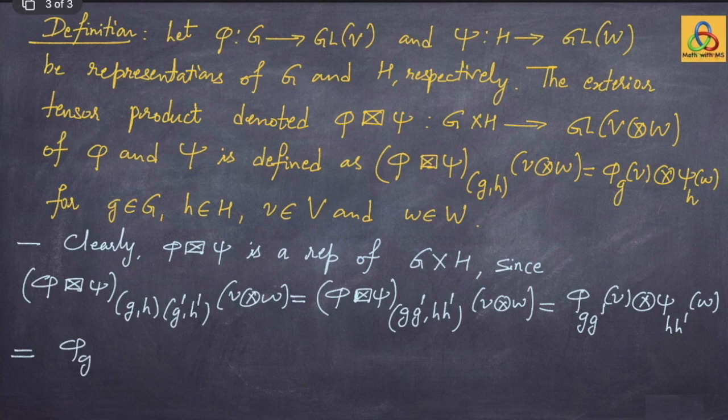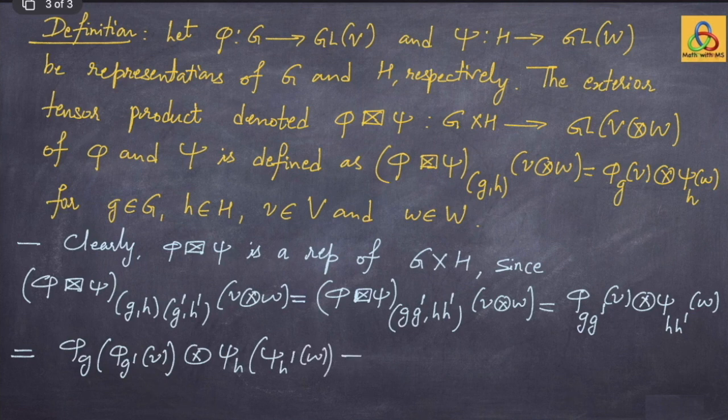But we know that phi and psi are representations, so they are group homomorphisms. So I can write it as phi g into phi g prime of v tensor psi h into psi h prime of w. But if you consider phi g prime v and psi h prime w as vectors, this is just the same as phi exterior tensor psi acting on the pair g h. So this automorphism acts on phi g prime of v tensor psi h prime of w.